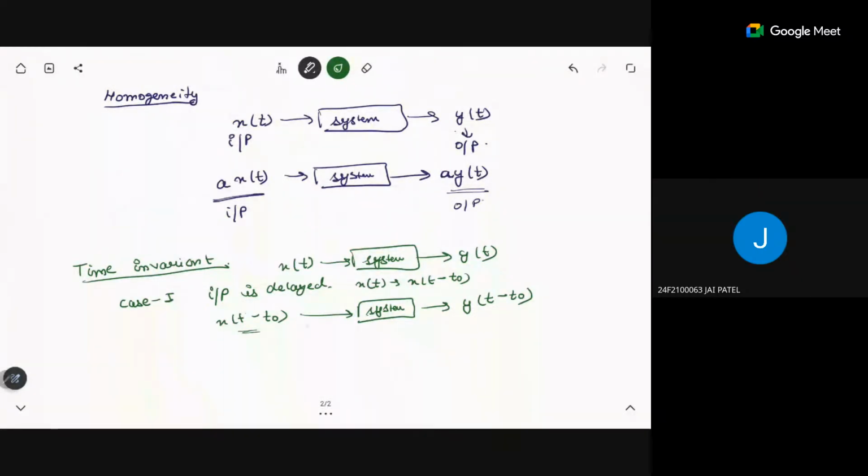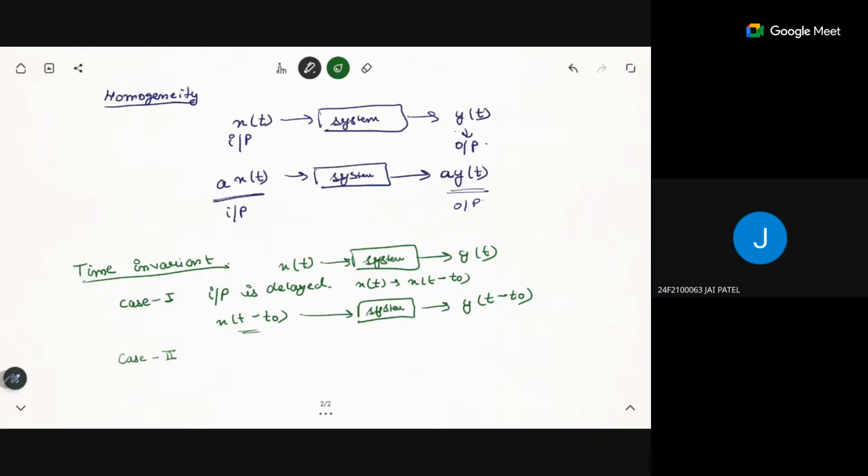So the delay in input causes the delay in output. This is case one: from x(t minus t0), you get y(t minus t0). Now we will take another case.